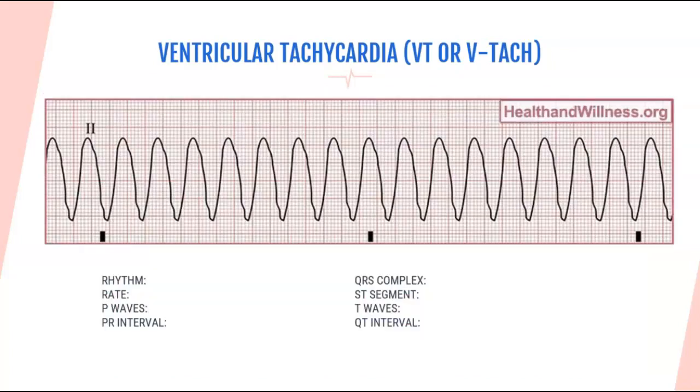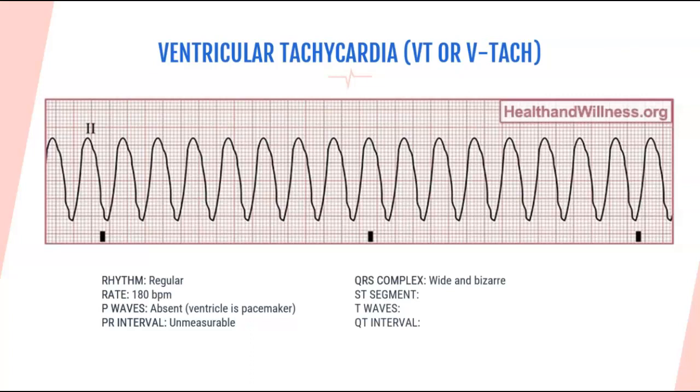When interpreting a rhythm of V-tach, we can go ahead and see that the rhythm is regular. The rate is around 180 beats per minute. The P waves are absent because with V-tach, the ventricle is the pacemaker. Our PR interval is unmeasurable because we don't have any P waves.